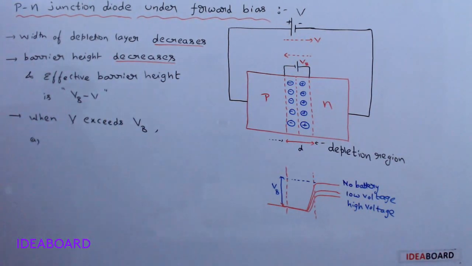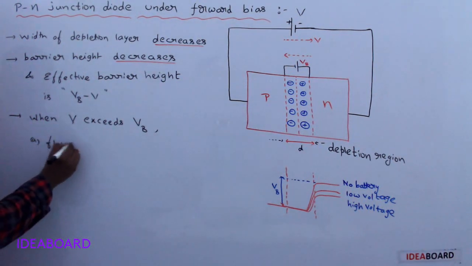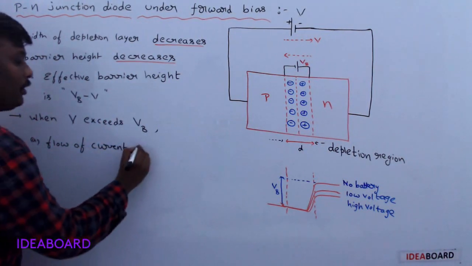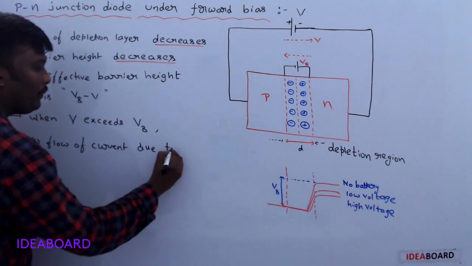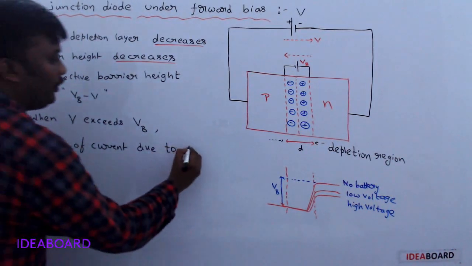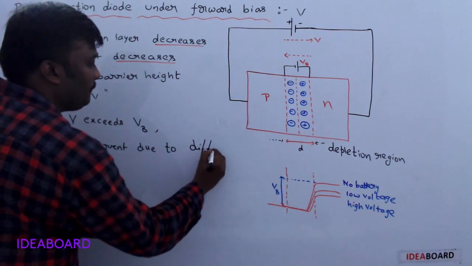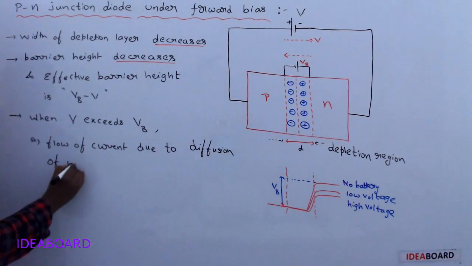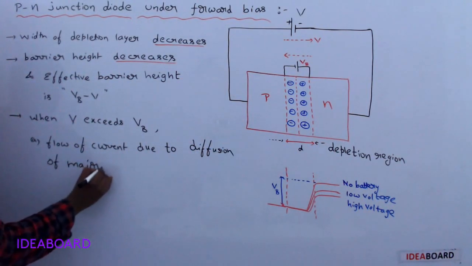If V exceeds VB, the flow of current is due to the diffusion of majority charge carriers.